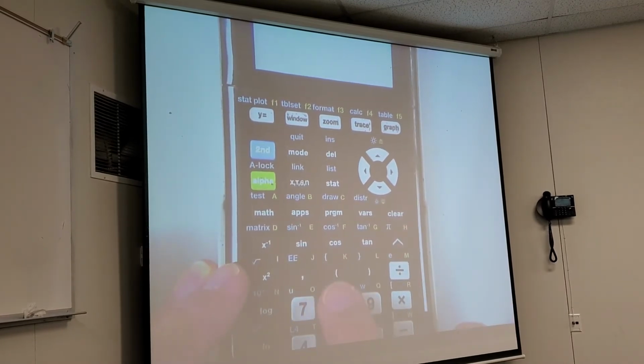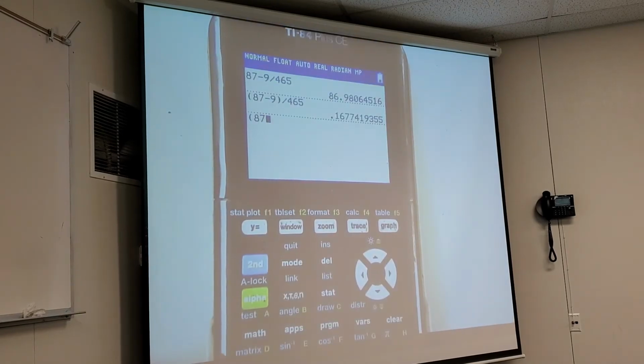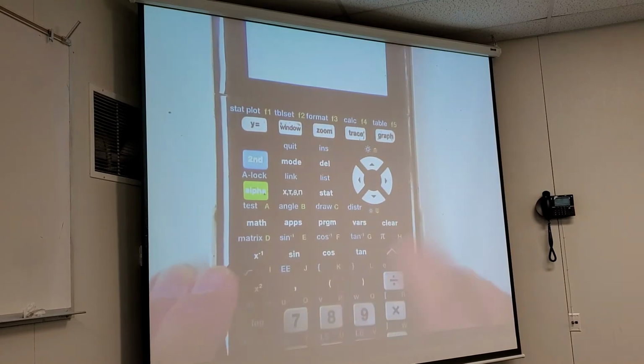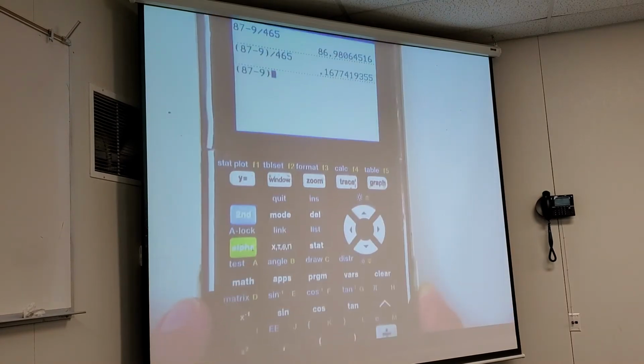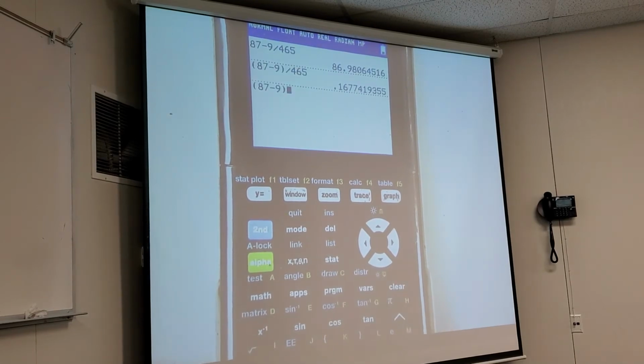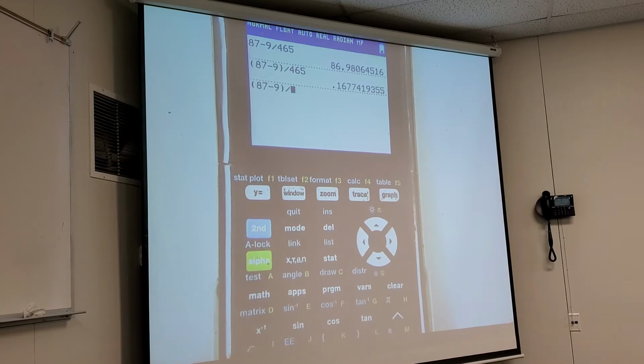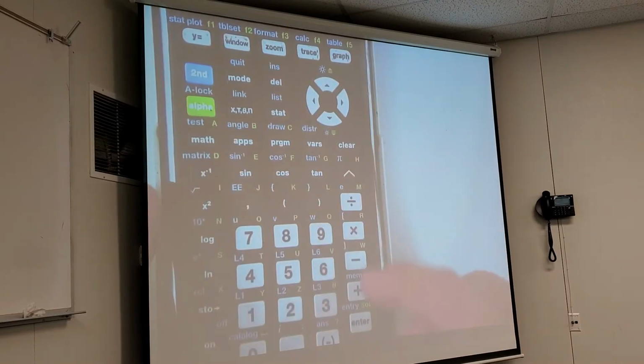Parentheses, 87 minus 9, close parentheses, so it looks like that. Divided by 465. See again? You got it? The division key is over here. Alright.